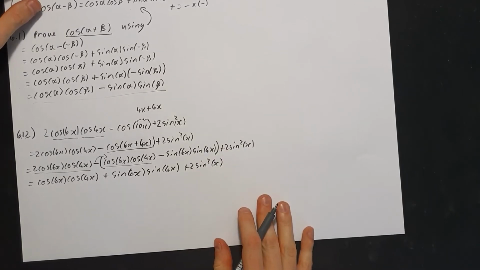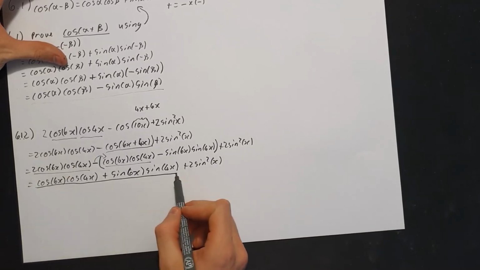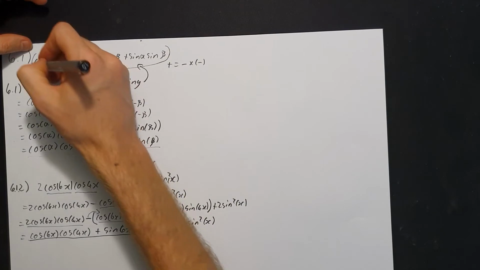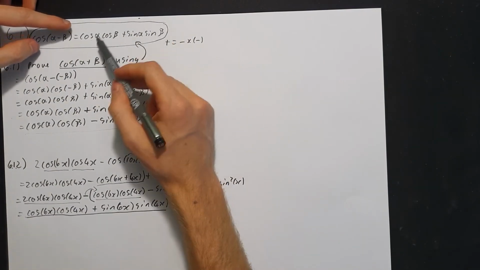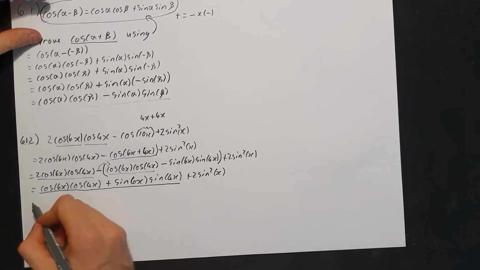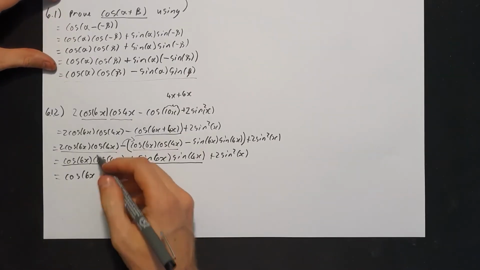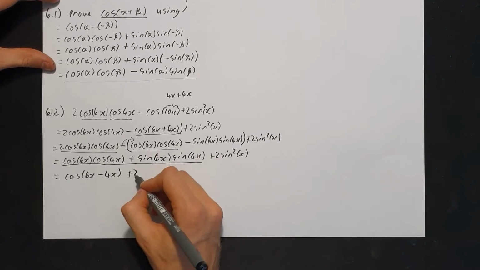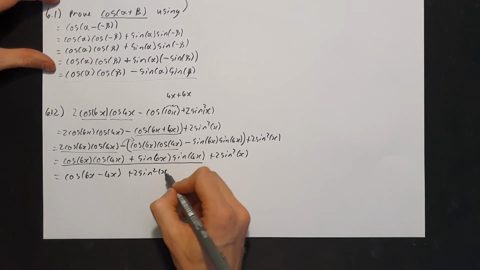Okay, now that I have that, you can see that I'm dealing with a double angle over here, and guess what? They gave us this over here in the beginning. So we can now compact this down into cos alpha minus beta. Okay, so therefore we're going to end up with cos of 6x minus 4x plus 2 sine squared x.